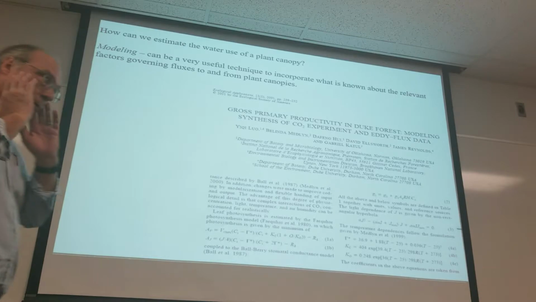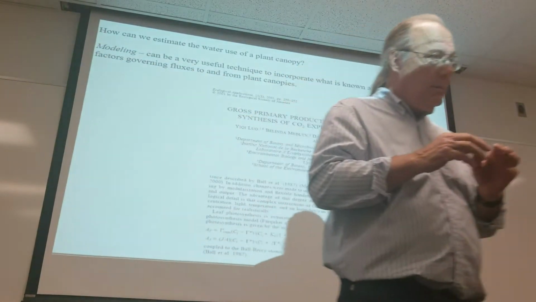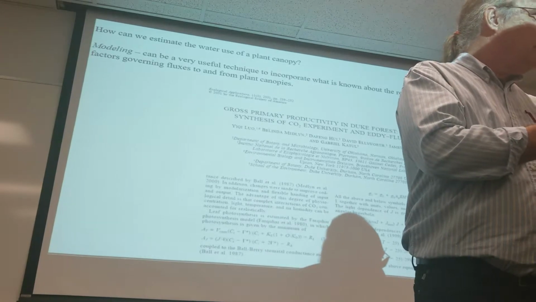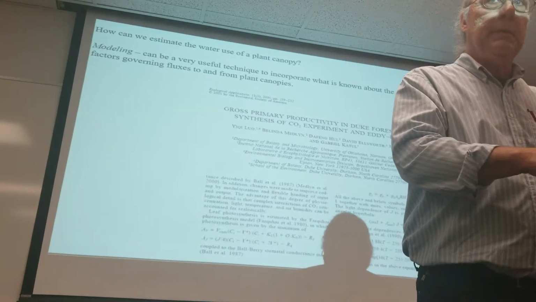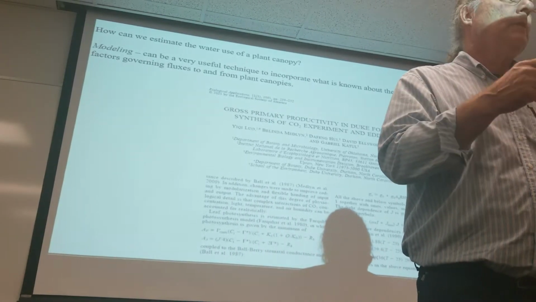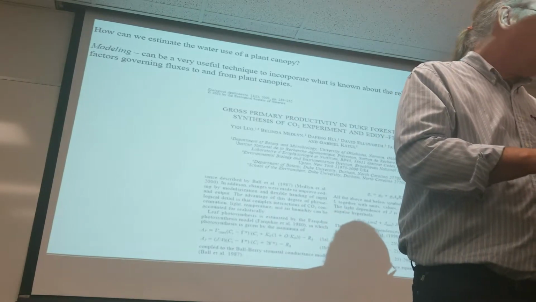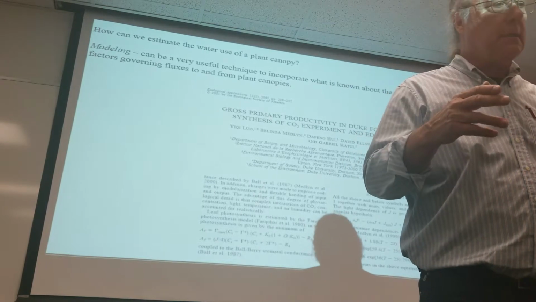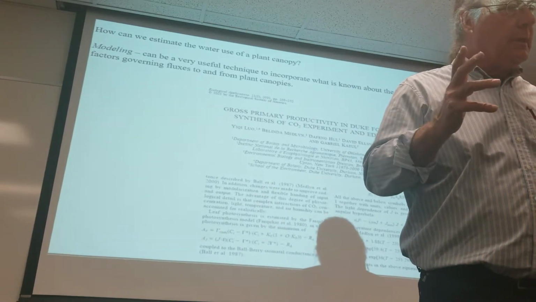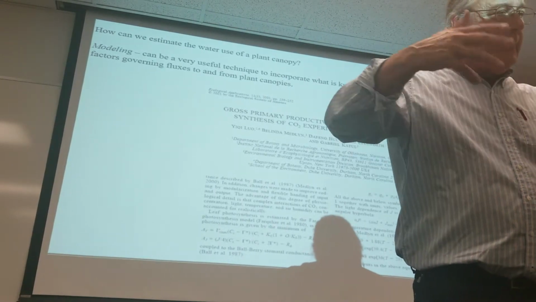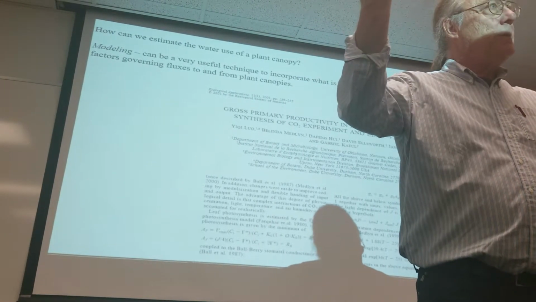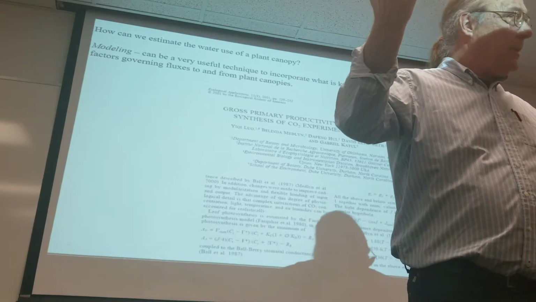So we know something about what controls stomata: light, VPD, soil-water relations, and these other things that I've been talking about. Can we use that knowledge in a mathematical framework to say something about canopy level fluxes?